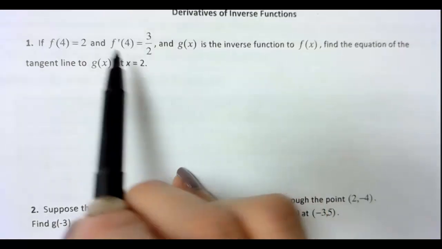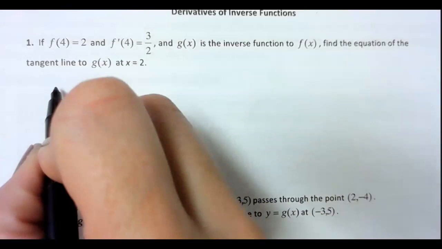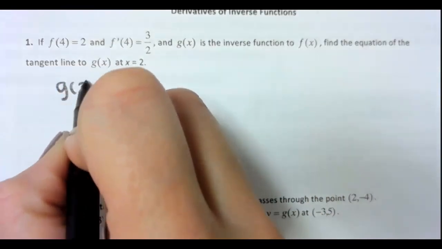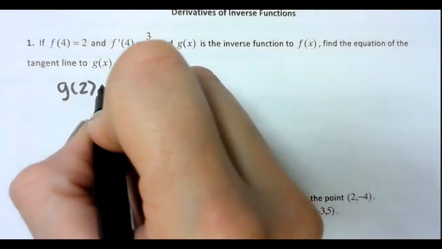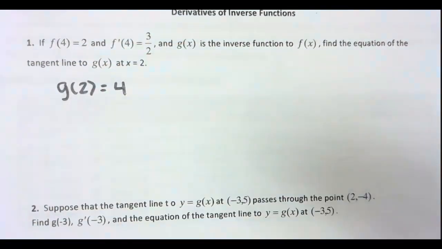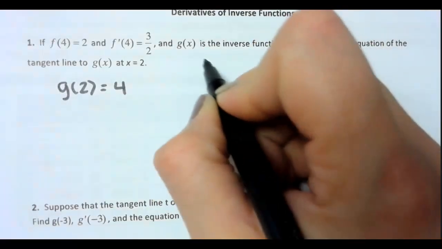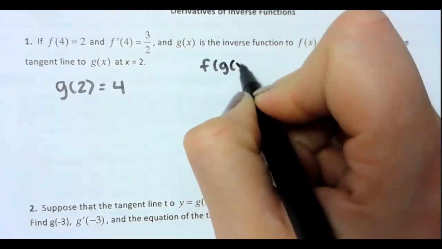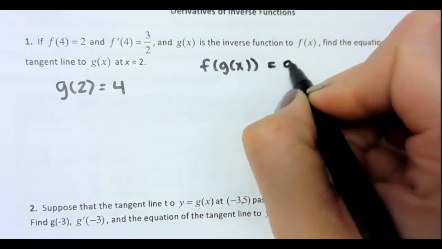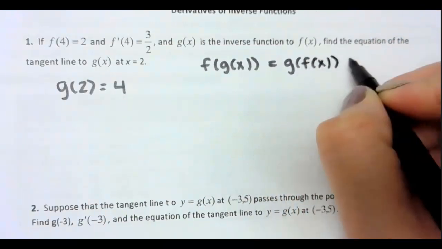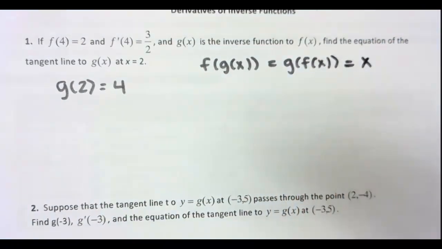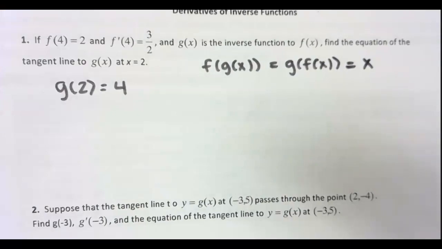Well, g is the inverse of f, which means g of 2 is equal to 4, because g and f are inverses of each other. So again, what that means is f of g of x equals g of f of x equals x. So the y value of f is the x value of g, and vice versa.